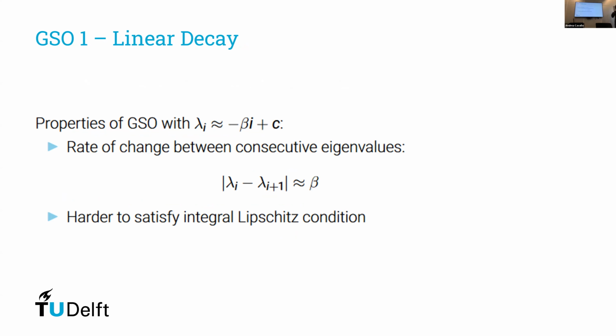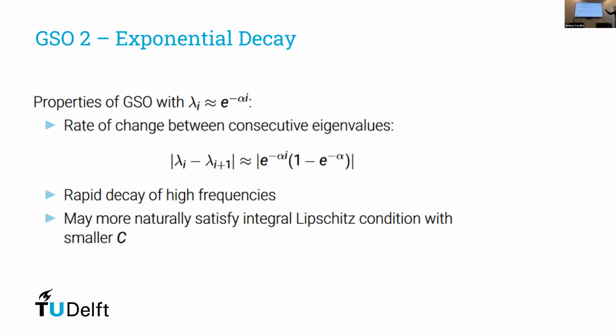You can learn an integral Lipschitz filter, but it's harder to satisfy the condition for an integral Lipschitz filter compared to the second GSO, where you have rapid decay of high frequencies in the eigenvalue spectrum. So you're more likely to naturally satisfy the integral Lipschitz condition with a smaller C if the GSO has this kind of spectrum, exponential decay.